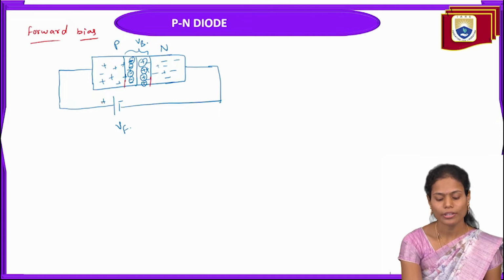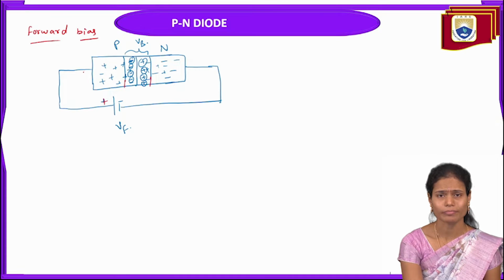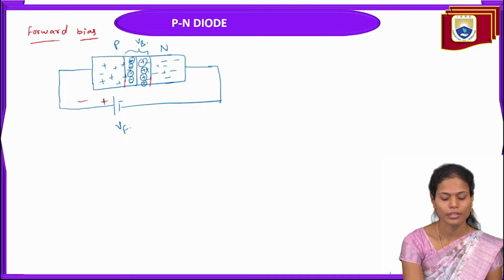What will happen here is, at the positive terminal of the battery, the holes, the majority charge carriers in the p type material, are repelled by this positive terminal. They move towards the junction.